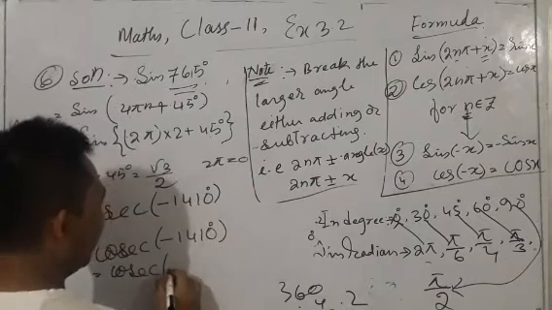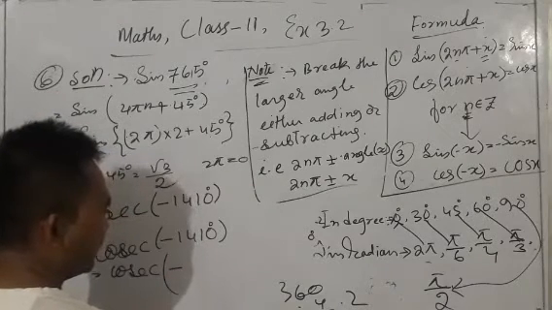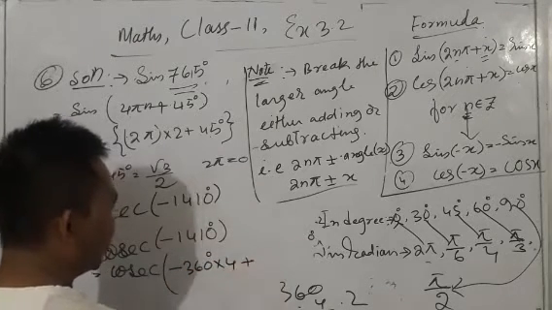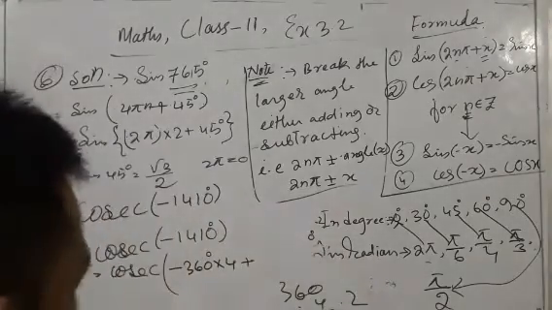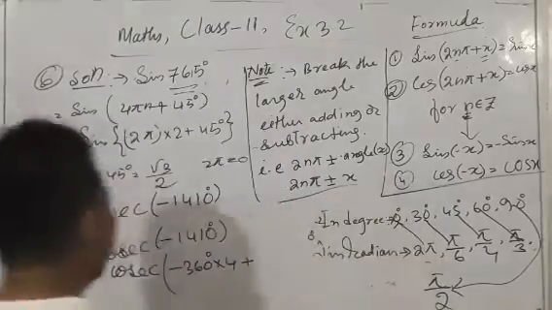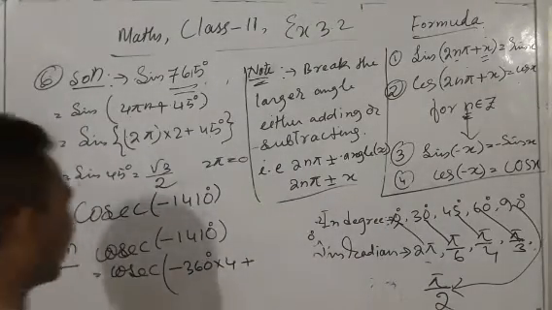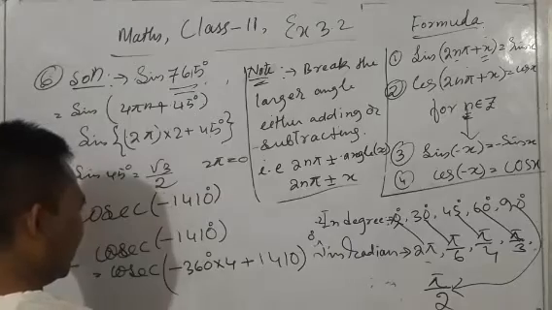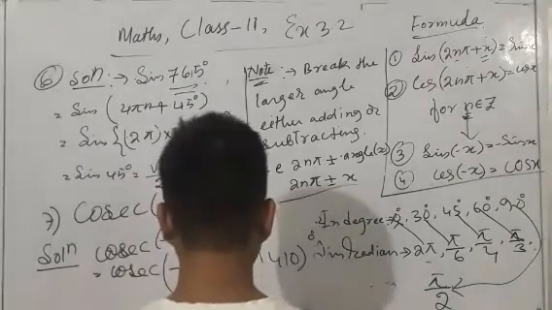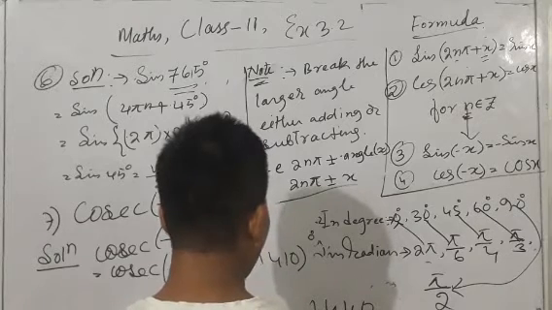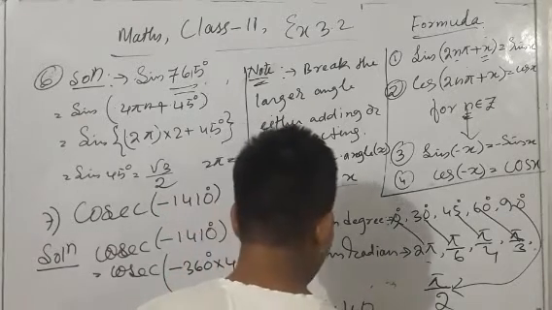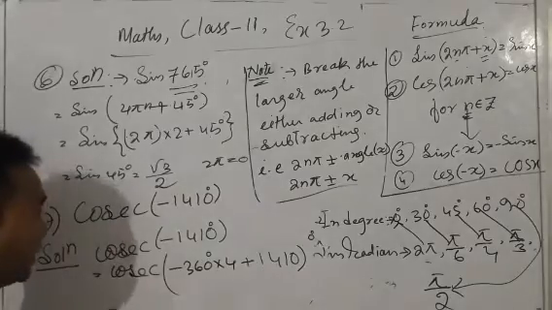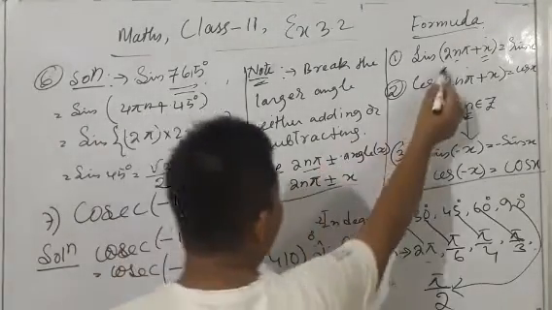Now, minus 360 degree into 4 plus, what will be the remainder? 1410 into this formula, okay, into this formula also.